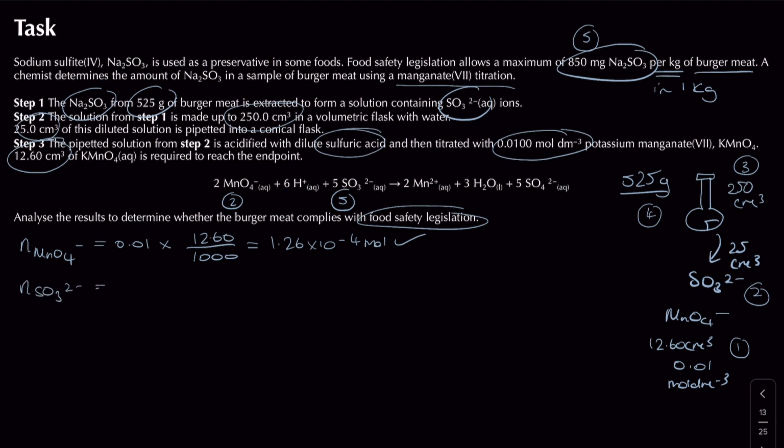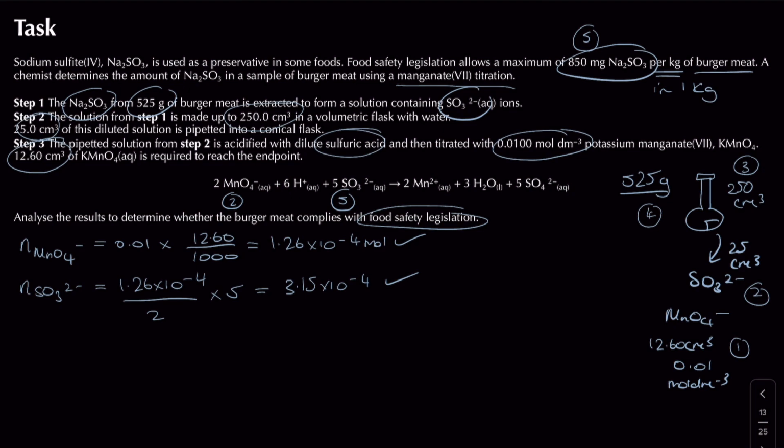Our ratio is going to be 5 to 2. So I've got 1.26 times 10 to the power of -4, and I'm going to divide that by 2, because I've got the moles of manganate and I'm trying to find the moles of SO3 2-. Then I'm going to times it by 5. So I end up with 3.15 times 10 to the power of -4 moles. So there's my first 2 steps done so far.